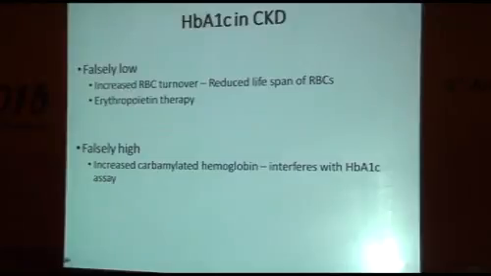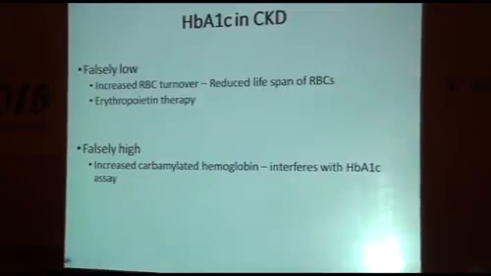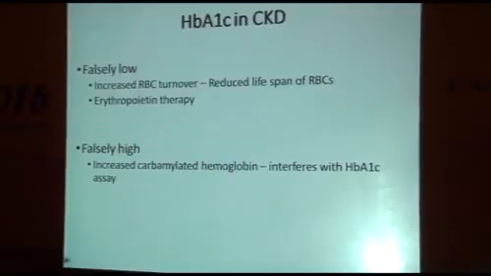We move on to issues with HbA1c in DKD patients. When it comes to HbA1c issues, it can go in both directions. It's not reliable, because it can lead to either false low values or false high values. False high values are related to increased carbamylated hemoglobin, which interferes with the assays, and false low values are usually due to increased RBC turnover.